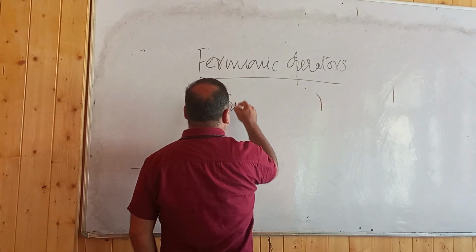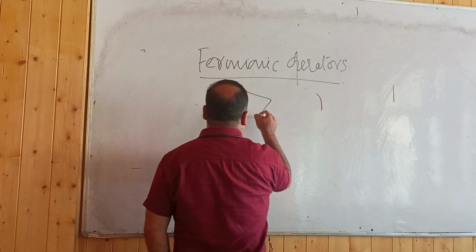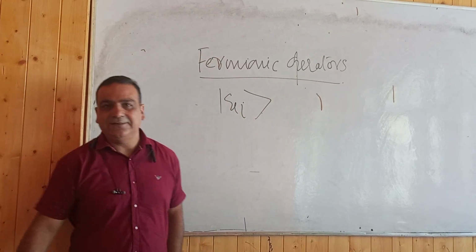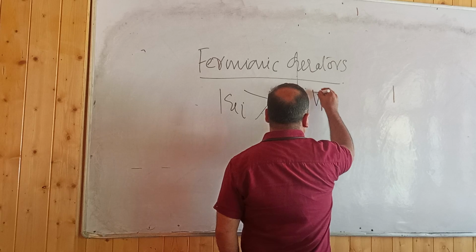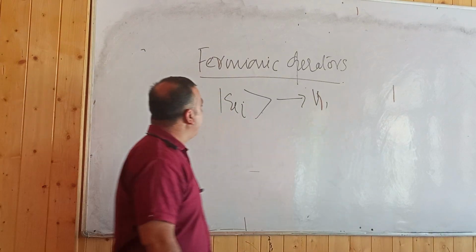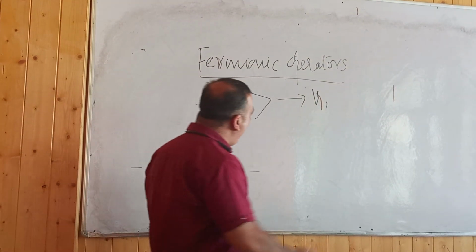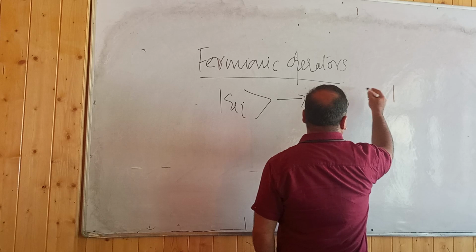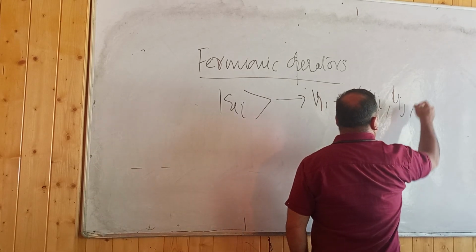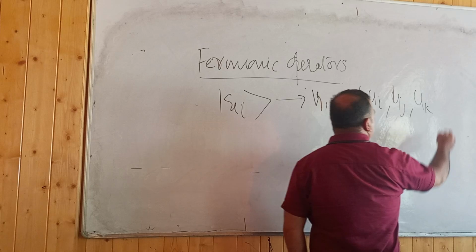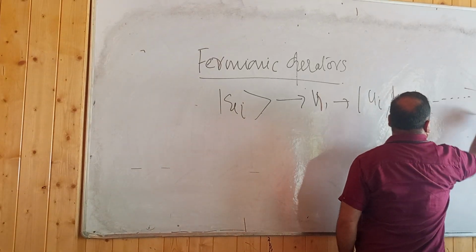Say I will take u_i as my basis vector belonging to some vector space V, and I have a state, say u_i, u_j, u_k, and so on and so forth.